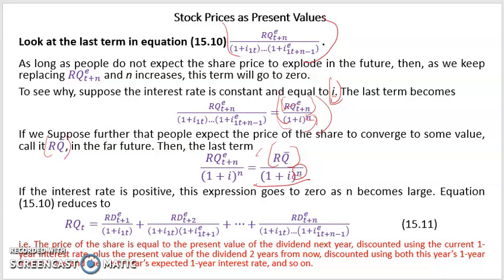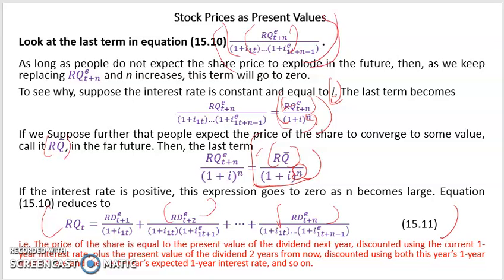And if the interest rate is positive, this expression goes to 0 as n becomes large. So equation 15.10 becomes this one, and now it only has the dividends and not this last section.